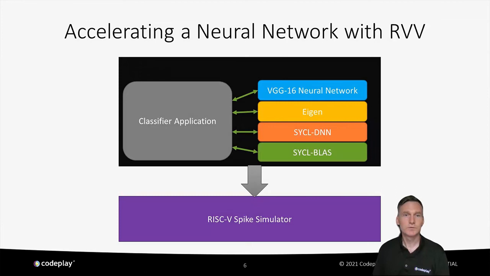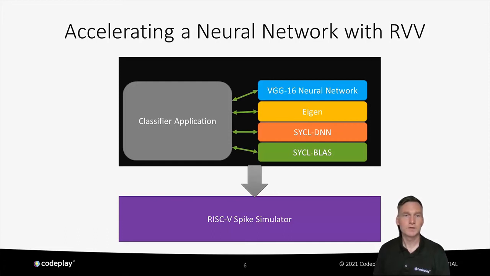The research team at Codeplay has built a neural network application written in standard ISO C++ that uses SYCL-DNN, Eigen, and SYCL-BLAS, all open source libraries that are written using SYCL and implement the algorithms required for the layers of this network. The application uses the VGG16 convolutional network to demonstrate running an end-to-end inference model through the RISC-V SPYCL simulator.